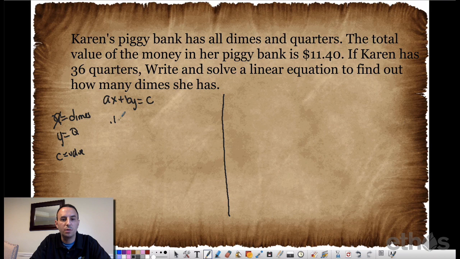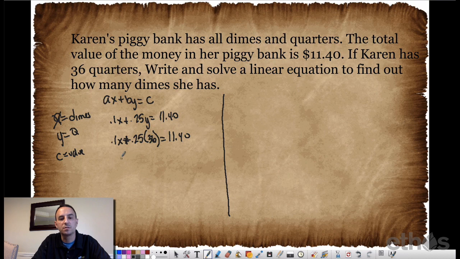So I get 0.1x plus 0.25y is equal to $11.40. Now once I get that, I need one of the values, and I have it. So 0.1x plus 0.25 times 36 is equal to $11.40.